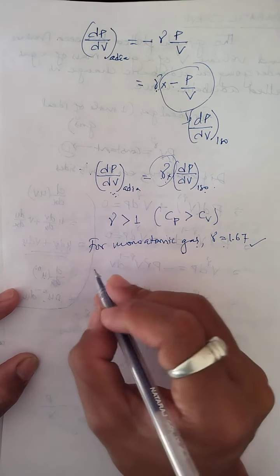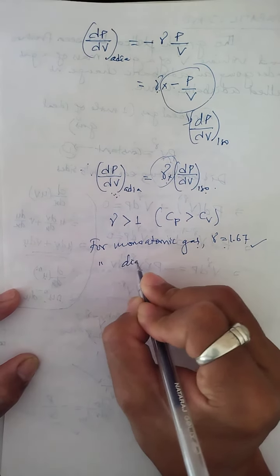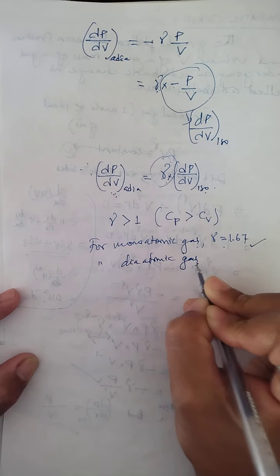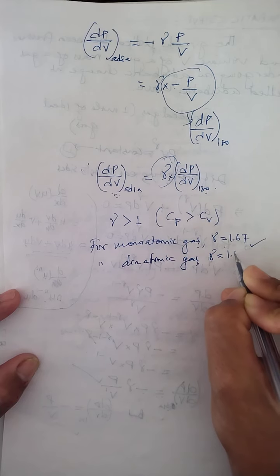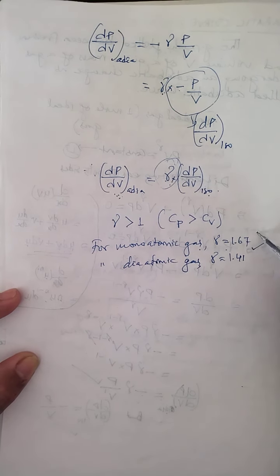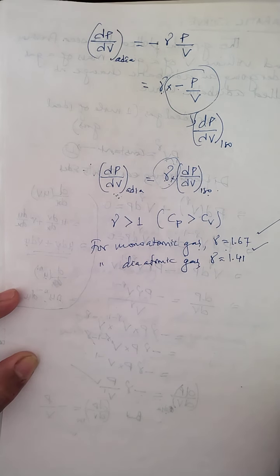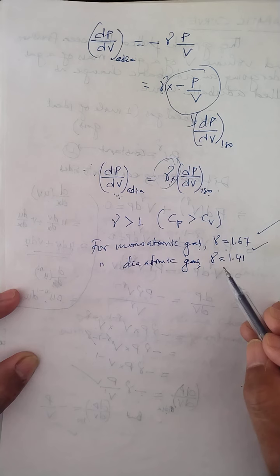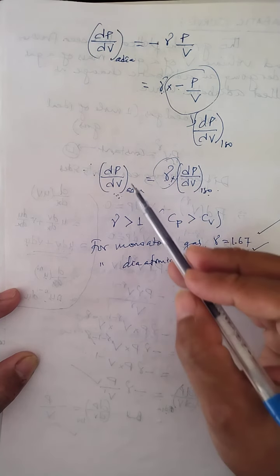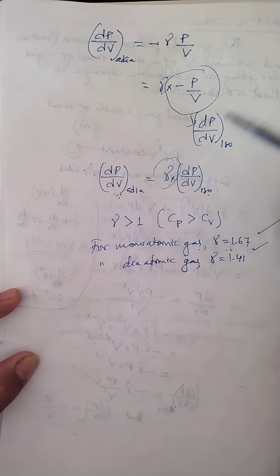Suppose I take a diatomic gas, the value of gamma will be 1.41, and it will go on like that. So for monoatomic gas, 1.67 is the value of gamma, and for diatomic gas, the value of gamma is 1.41. That's why, depending upon the value of gamma and the nature of the gas we take, the slope of the adiabatic process is that many times more than the slope of the isothermal process.